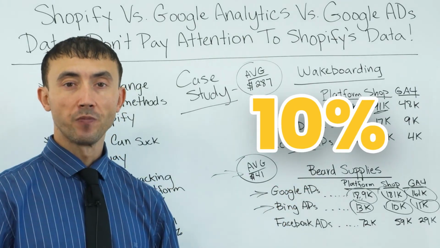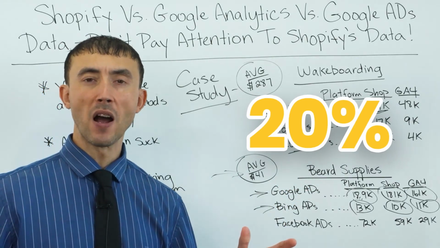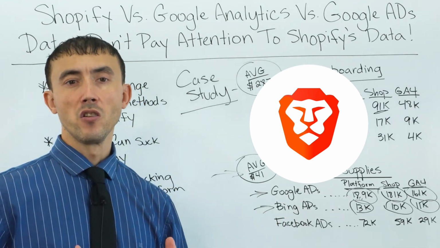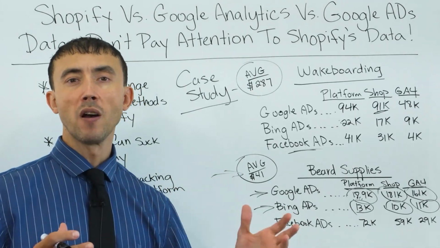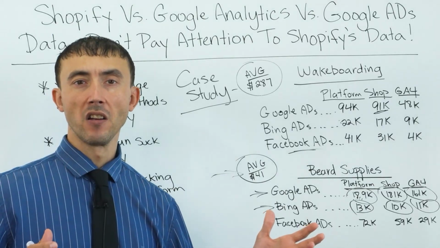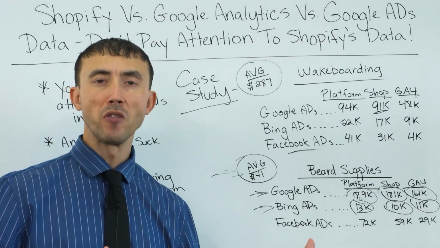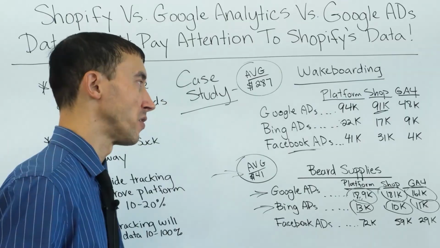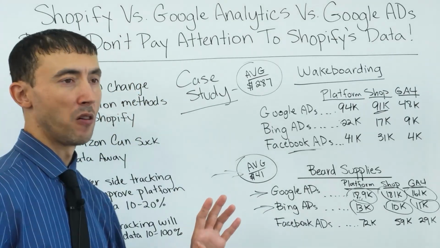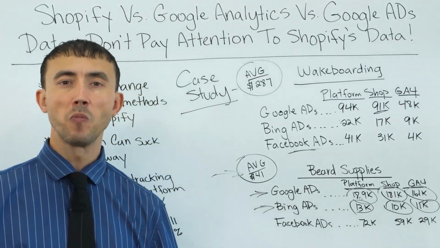Roughly 10 to 20% of people use a privacy browser like Brave that doesn't allow cookies. And then you also have 30% of people using an ad blocker, which prevents cookie code from being dropped on the user's browser.